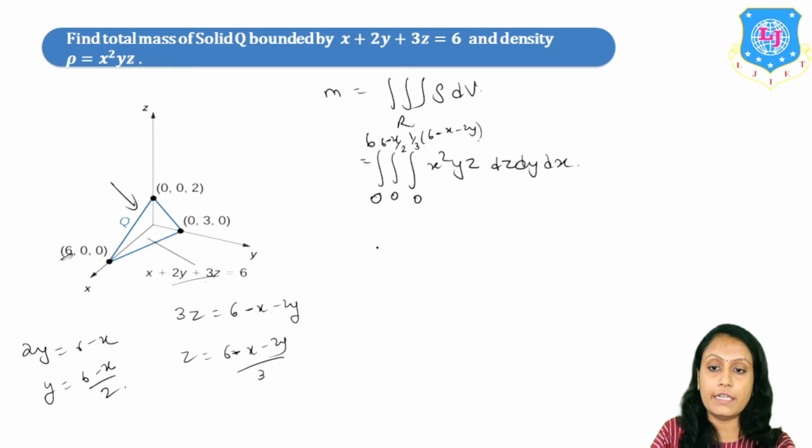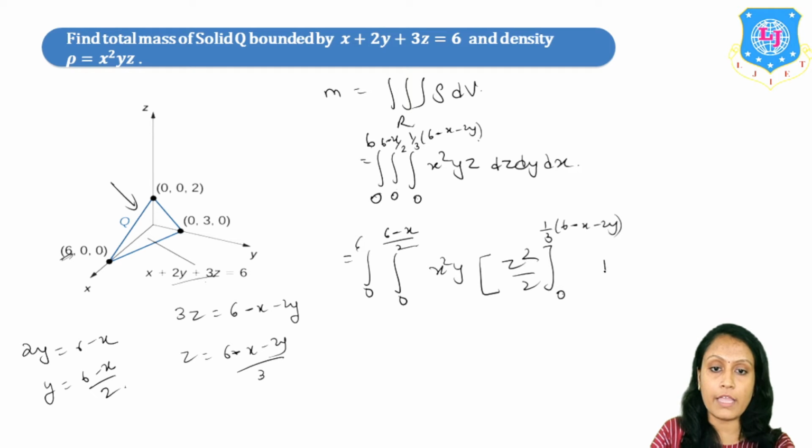Now we need to integrate this. So this is integration 0 to 6, integration 0 to (6 minus x) upon 2. Now first integrate with respect to z. So x square y as it is, and here we have z square by 2 with the limits from 0 to 1 by 3 times (6 minus x minus 2y) dy dx. Now if you substitute the limit, here we have z square, so this is 1 upon 3 square, that is 9.